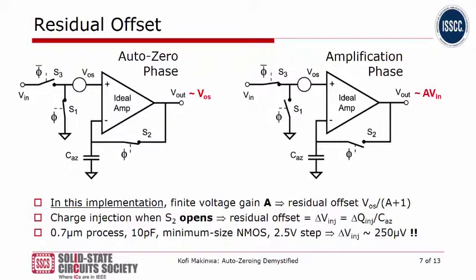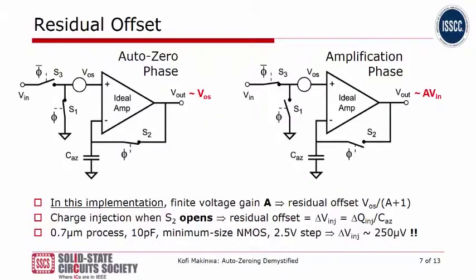And the net result of this will be a residual offset, which is proportional to the original offset divided by essentially the gain of the amplifier. Now, since the gain of an amplifier can be pretty large, in the order of, let's say, 10 to the power 5 or even 10 to the power 6, this may not look like a significant drawback. But if you start out with an offset of a few millivolts, you can easily reduce it to the microvolt range.